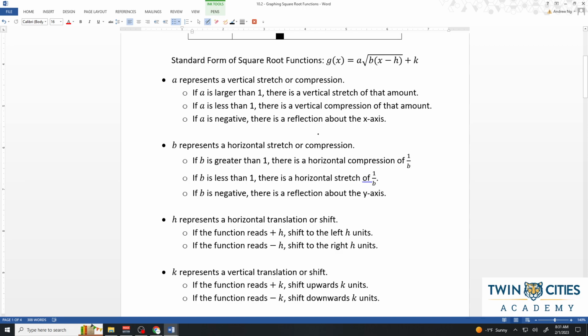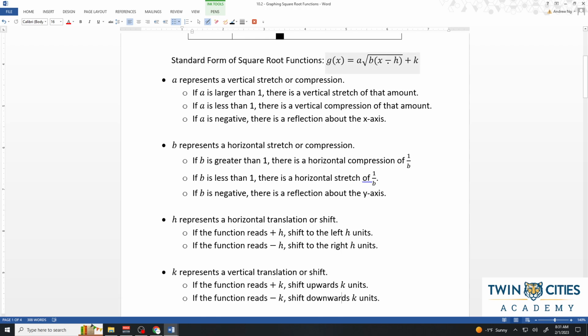And the opposite here, if it's between 0 and 1, I would think there's a horizontal compression, but it's actually going to stretch by a factor of 1 over b. And if b is negative, there's going to be a reflection about the y-axis. So it's going to flip over left and right rather than up and down.